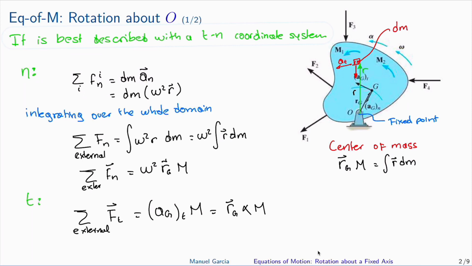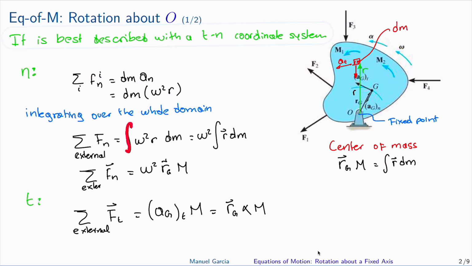The normal acceleration is always given by omega squared r. Well, in this case, we don't have to have the vector because we are already saying that's the normal direction. So in magnitude, it will be equal to dm multiplied by omega squared multiplied by r. And if we integrate over the whole domain, that means that we are adding the forces of every single one of the particles in our body.